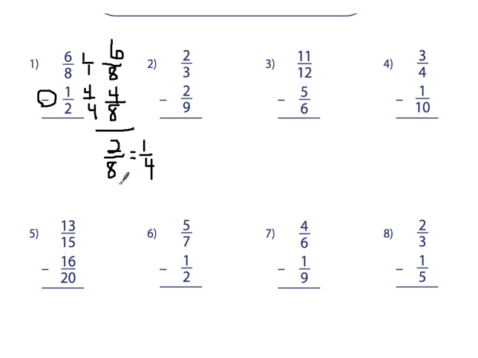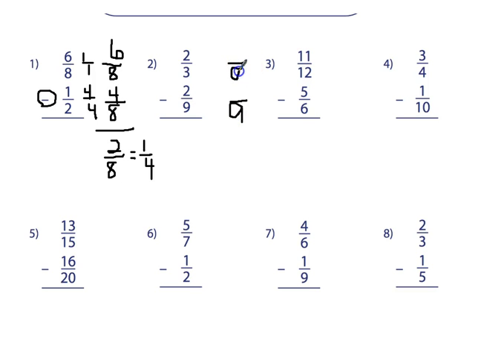Now I'm taking a look at the second example, and I have 2/3 subtract 2/9. I have a 3 and a 9. So I'm going to think of my 3 table, I'm going to think of my 9 table, and I want the first multiple that they both share, and that would be 9.